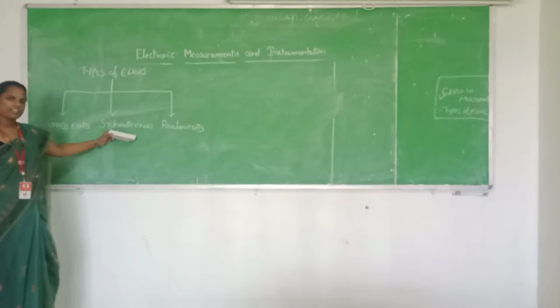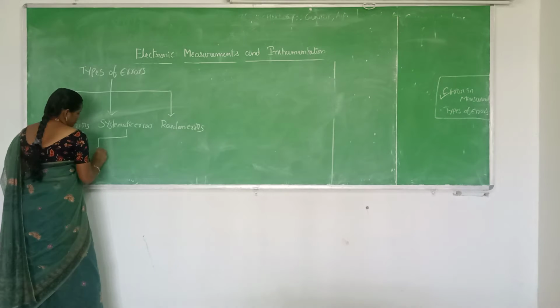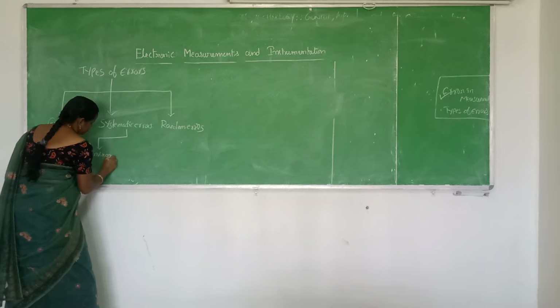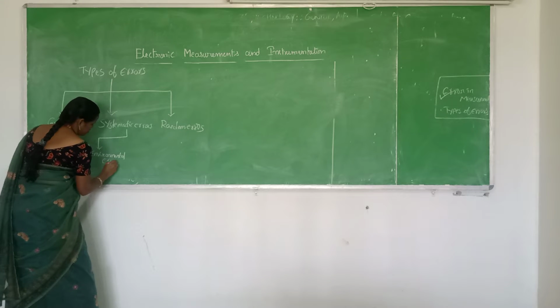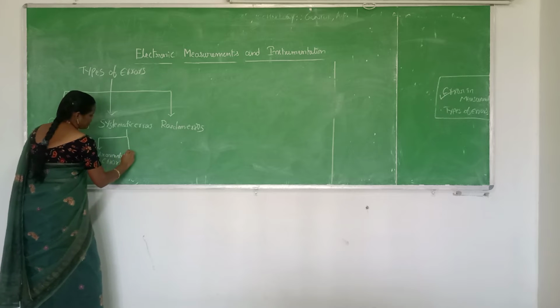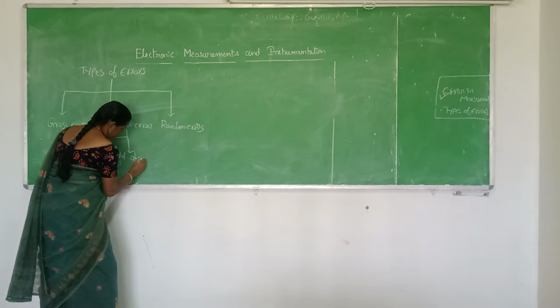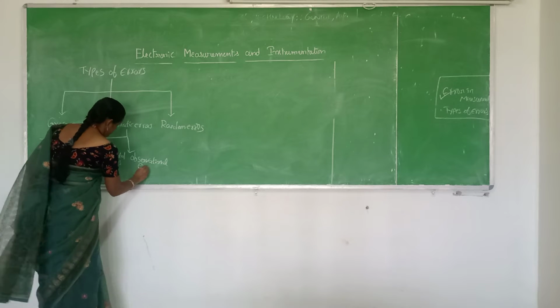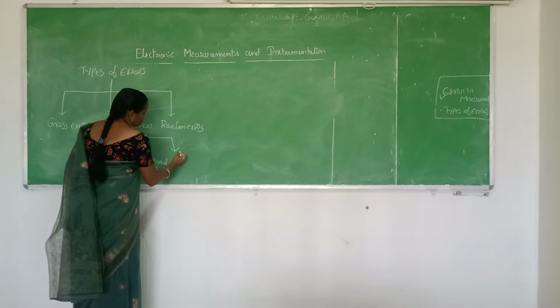Systematic errors are of three types: first environmental errors, second observation errors, and third instrumental errors.